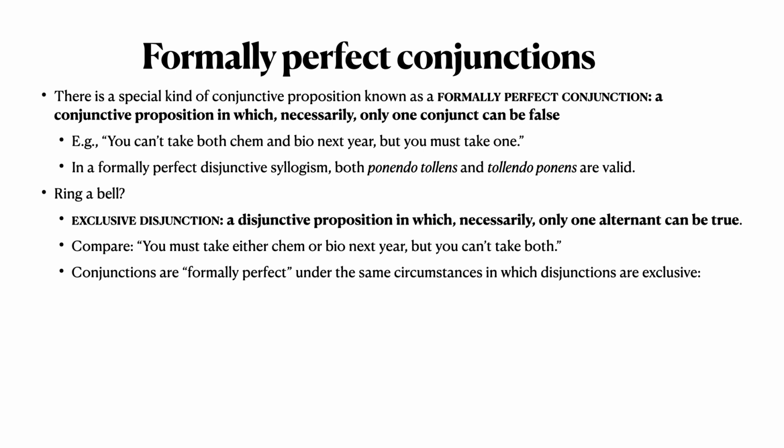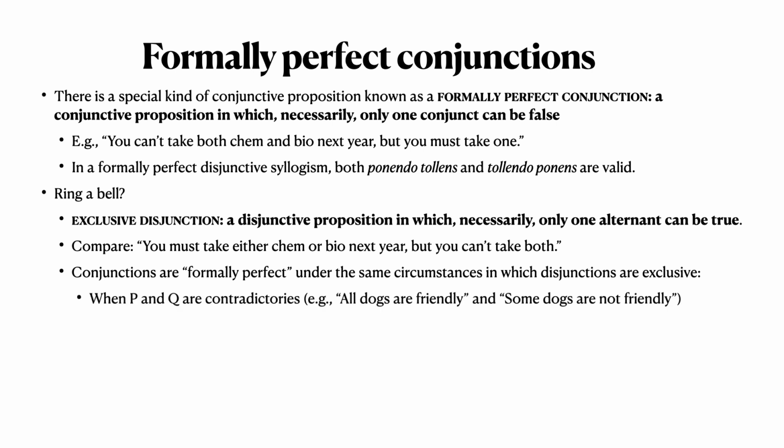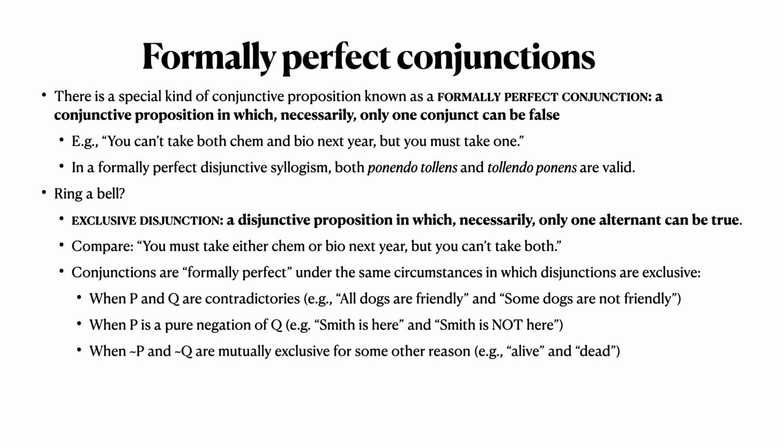Conjunctions are formally perfect under the same circumstances in which disjunctions are exclusive. That is, we look to see whether P and Q are contradictories, or whether P is a pure negation of Q, or whether maybe not P and not Q are mutually exclusive for some other reason. Like alive and dead, or maybe not alive and not dead.